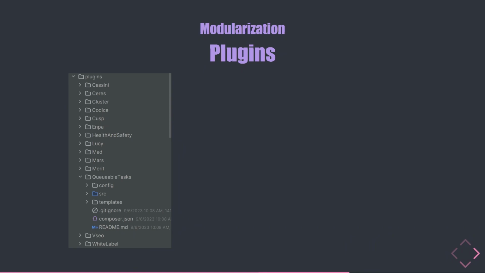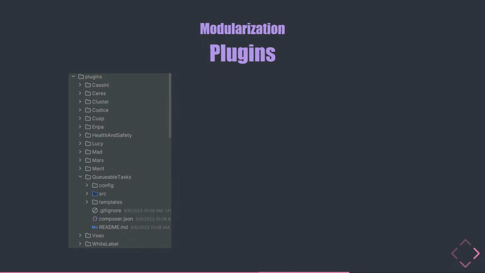And so we have a plugin for all these different spacecraft missions. So you're looking at the plugin folder for the generic science operations center that I had mentioned earlier. And we basically have each mission in there. And when we deploy, we can delete all the other ones and everything works. And we also have a few things that are common between a bunch of them. And we have those as their own plugin as well.